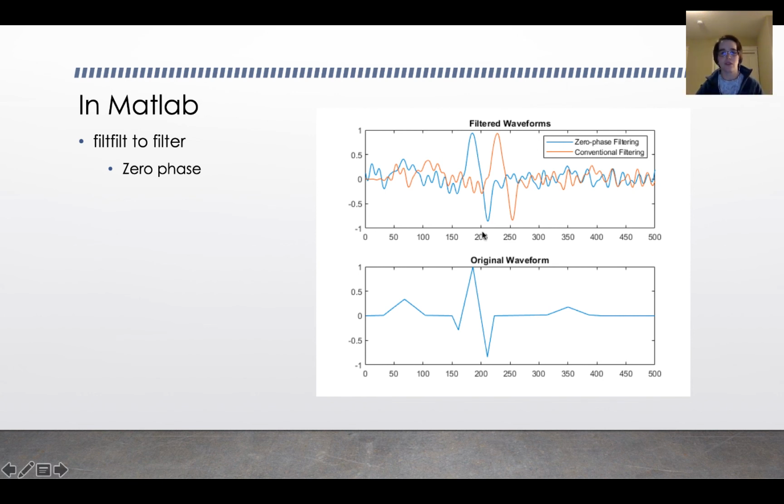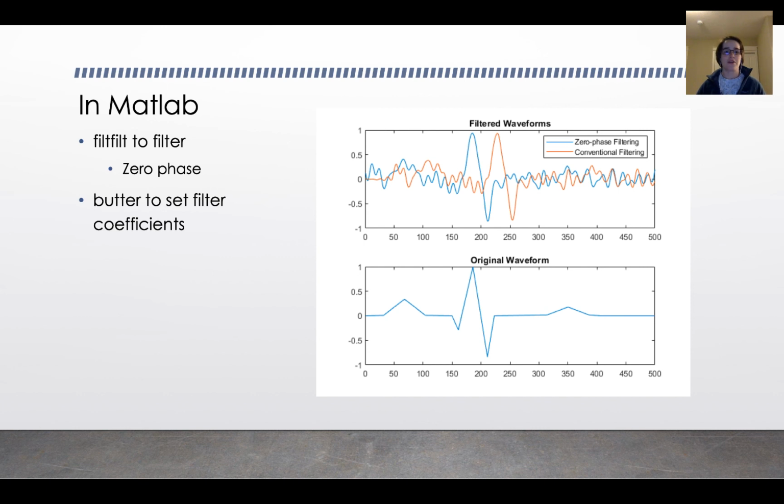So you can see here the original waveform, the filtfilt command in the blue here, and the filter command in the orange. The filtfilt forward and back filtering results in a filtered signal that's in phase with the original signal.